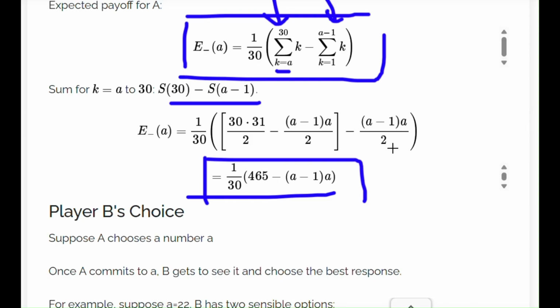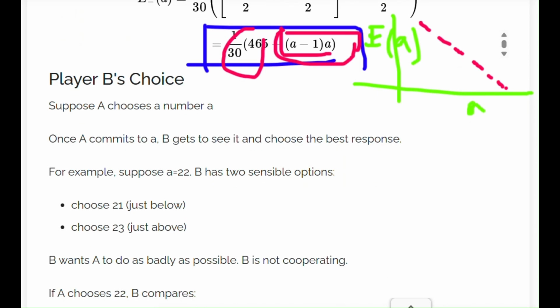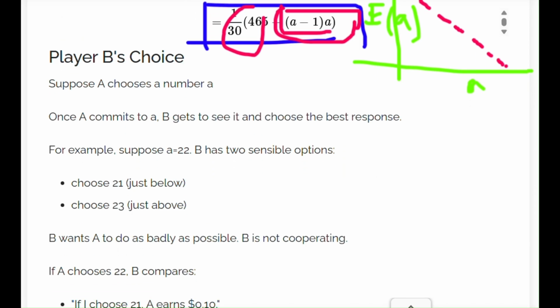Now note here again, if we put A on the x-axis and the expected value on the y-axis, this is decreasing. The expected value is decreasing as A increases because of this part of the expression. This is just a constant. So we have calculated the expected values for both of the cases.